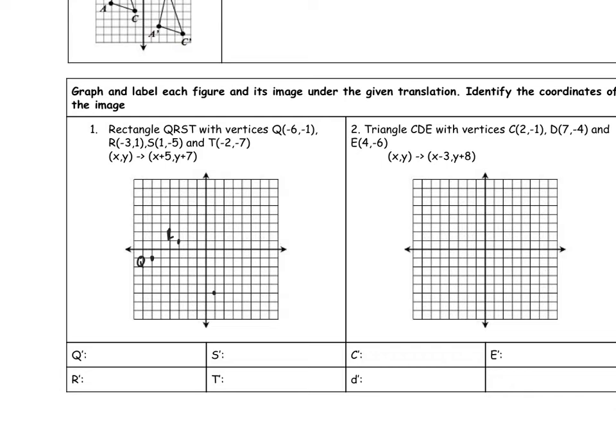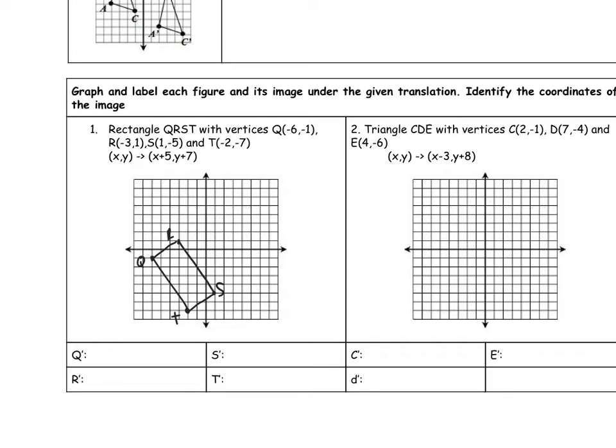And T is -2, -7. 1, 2, 3, 4, 5, 6, 7. There we go. Okay. And they told us it was a rectangle, so it should look like a rectangle, which it does. Okay. So there's our rectangle.